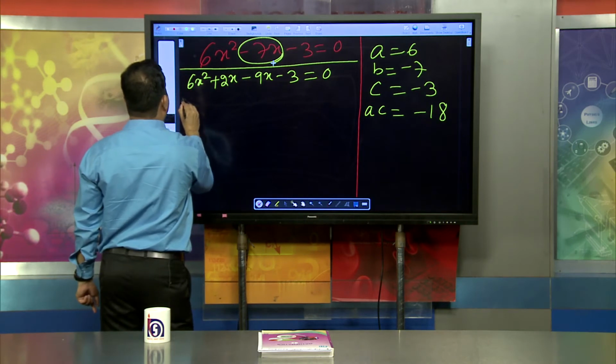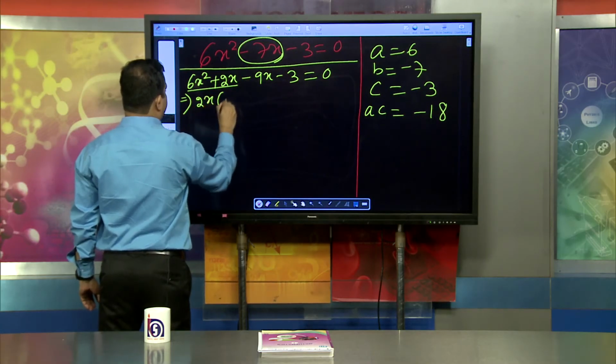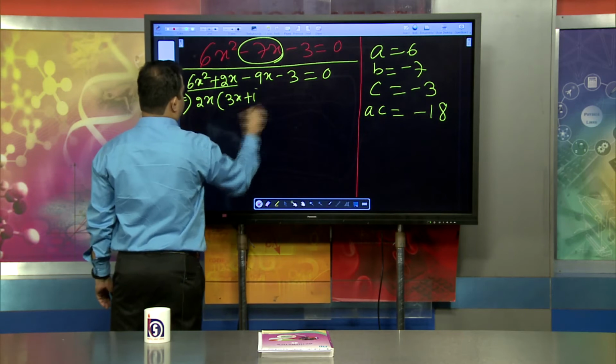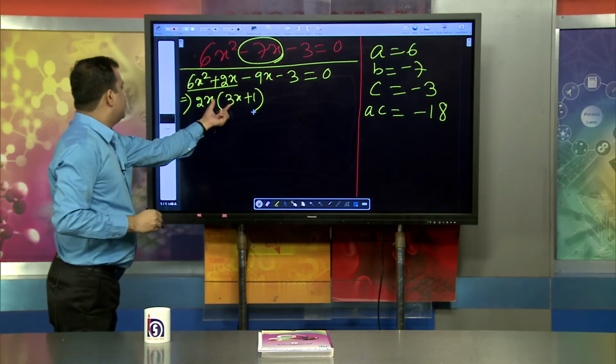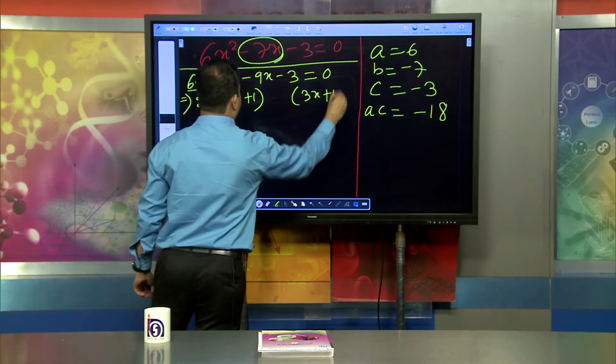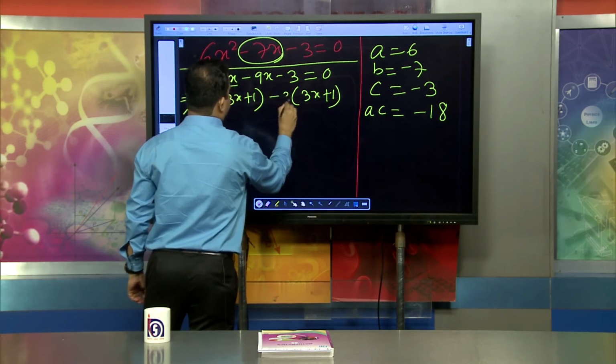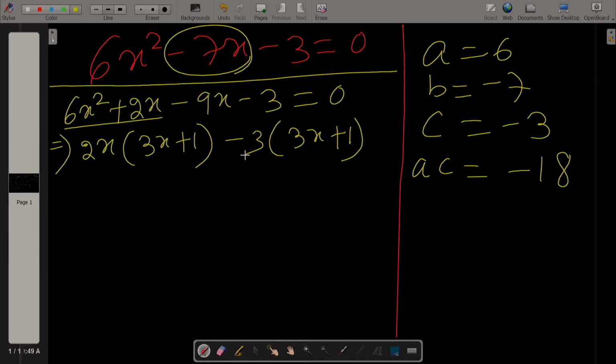Now from 6x square plus 2x, suppose I take 2x as common, you will find 3x plus 1. Now from the remaining terms I take minus 3 common: minus 3 into 3x is minus 9x, and minus 3 into 1 is minus 3, equal to 0.